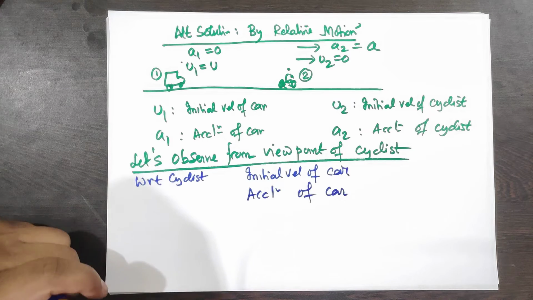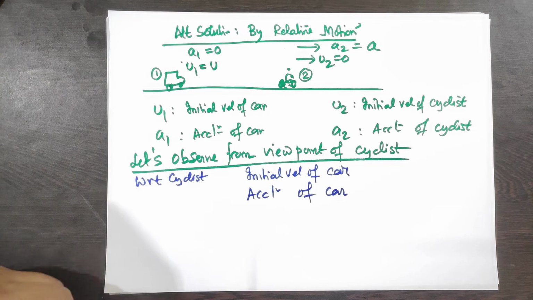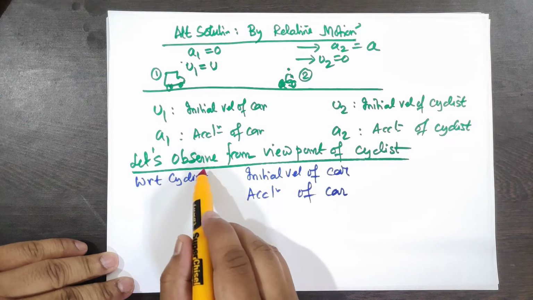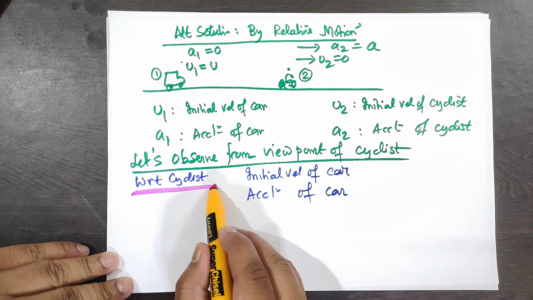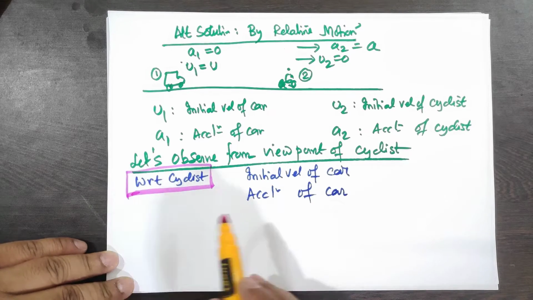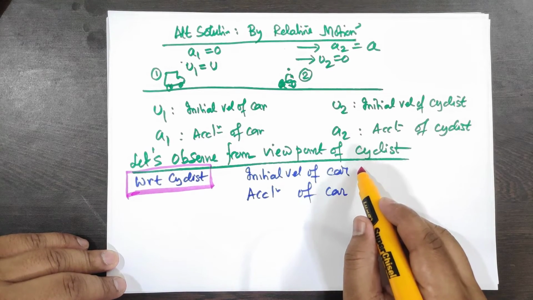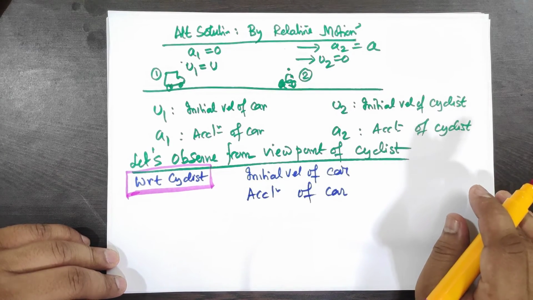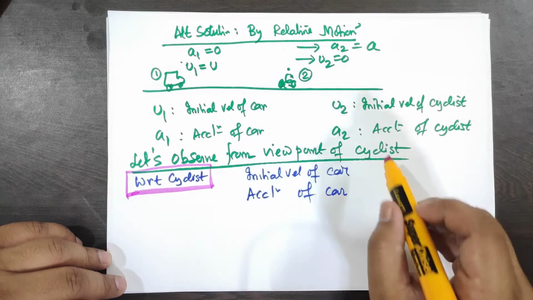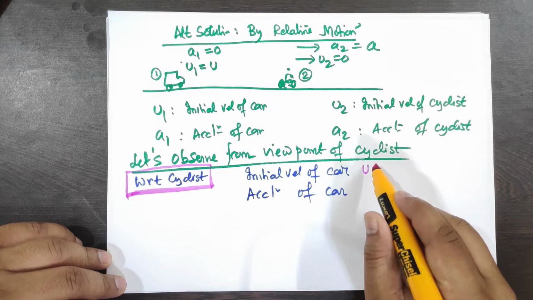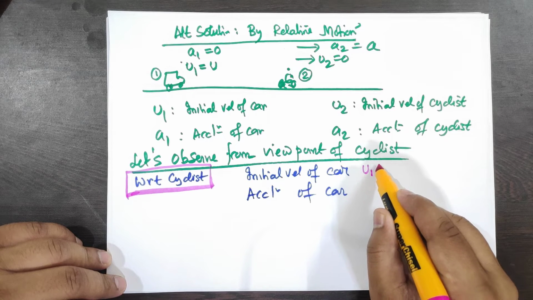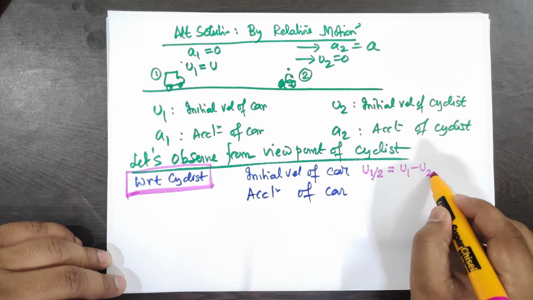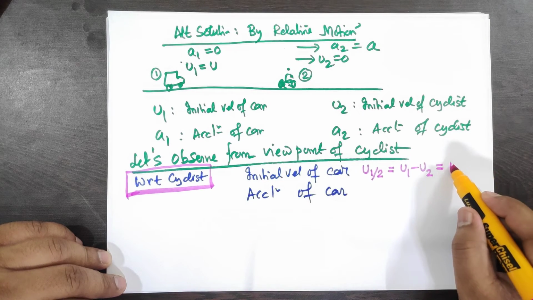Always remember that I have written it with respect to the cyclist, not with respect to the ground. So the initial velocity of the car with respect to 2 is u1 minus u2, so it's u only.